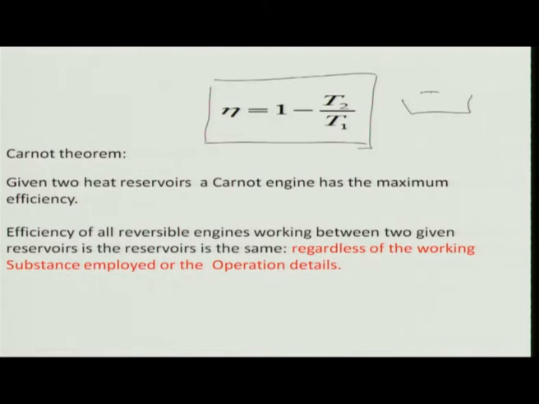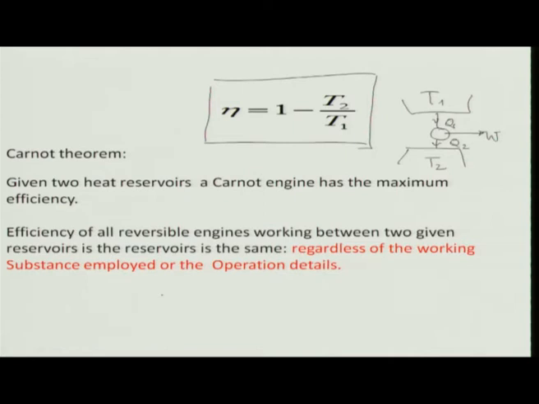T1 is the temperature of the hot reservoir, T2 is the temperature of the cold reservoir, and the engine is operating in a closed loop, extracting heat from the hot reservoir, dumping heat to the cold reservoir, in the process doing work W. This efficiency cannot be unity, because then you have to set T2 equal to 0, and T2 equal to 0 you cannot set. That is why the efficiency is finite, but it is maximum.